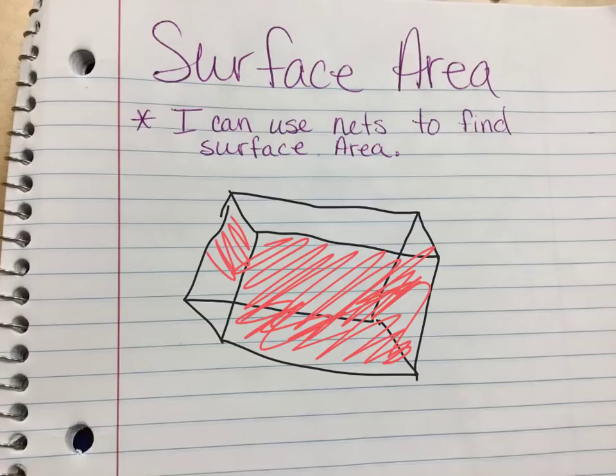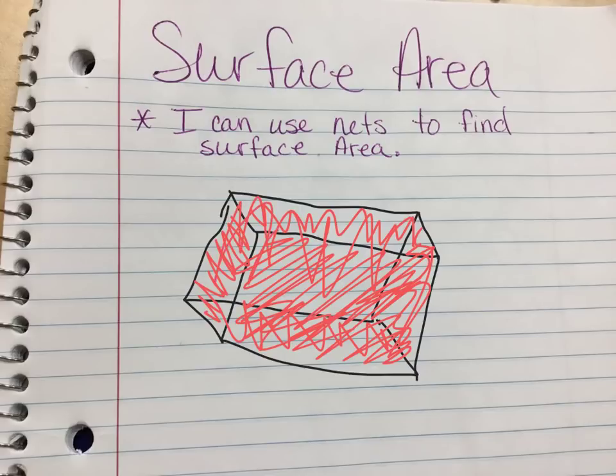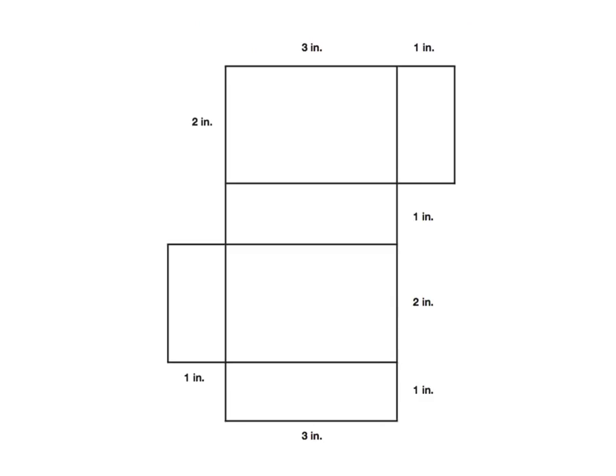So I'm wrapping this gift, and I want to find out how much area is on the outside of this gift. This is very different than volume. Volume is going to be the inside space. I want to find how much wrapping paper I'm going to need to wrap this gift. So here is a net of the gift that I am wrapping.